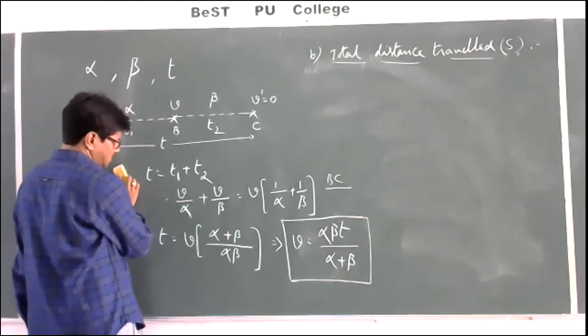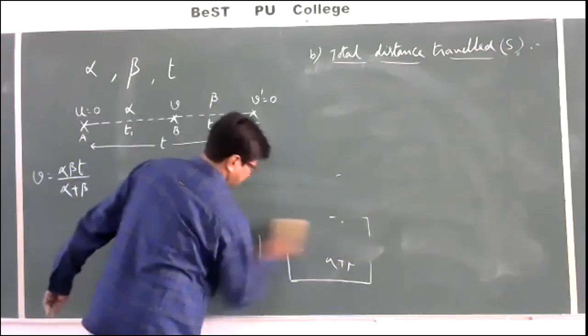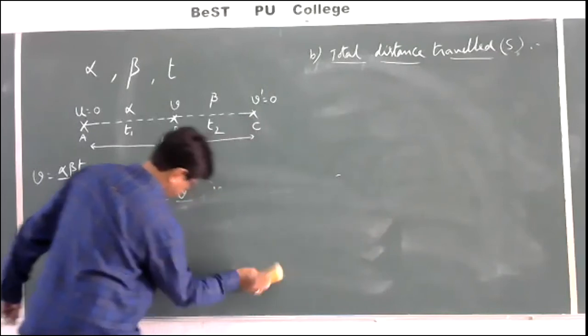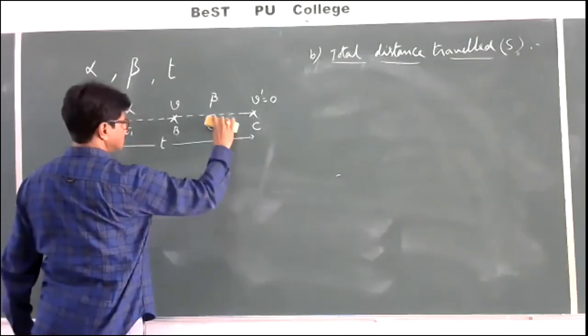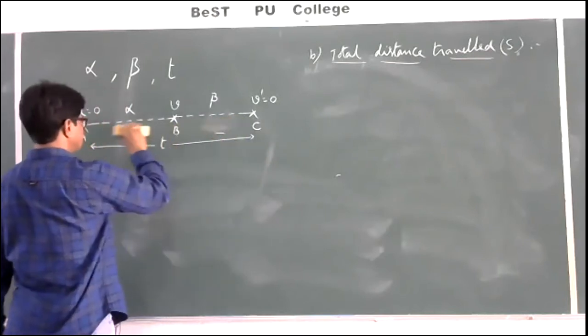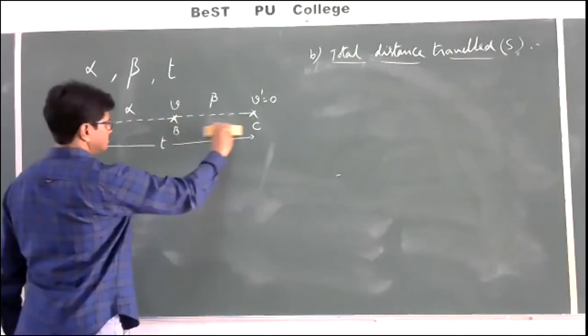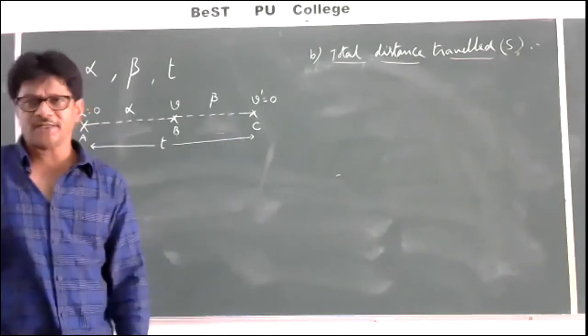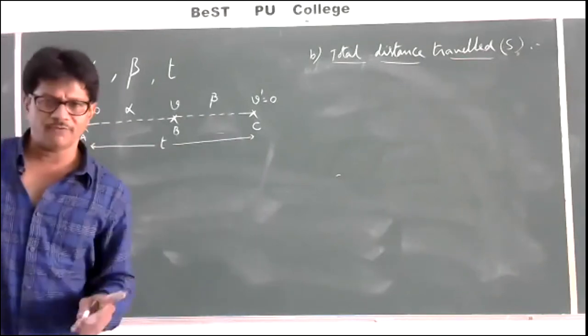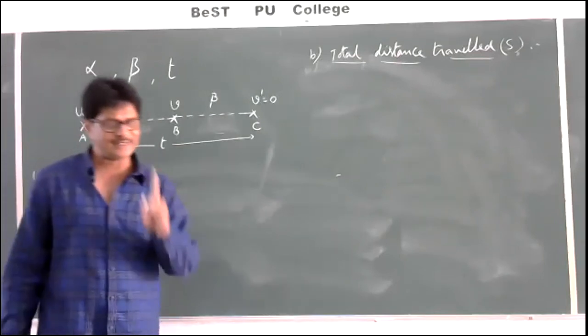I hope you copied this. That also we should get only in terms of alpha, beta and T.